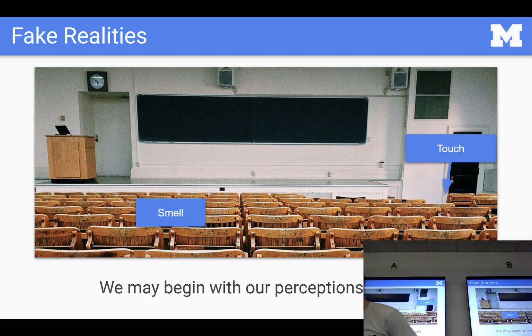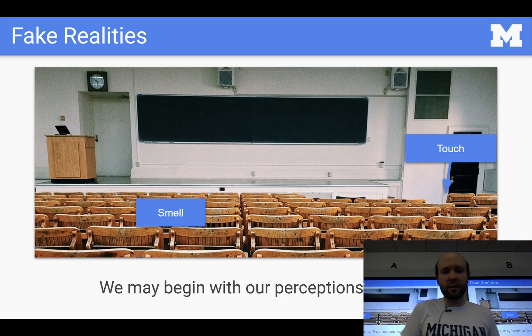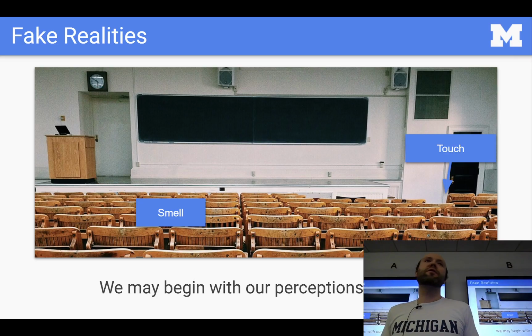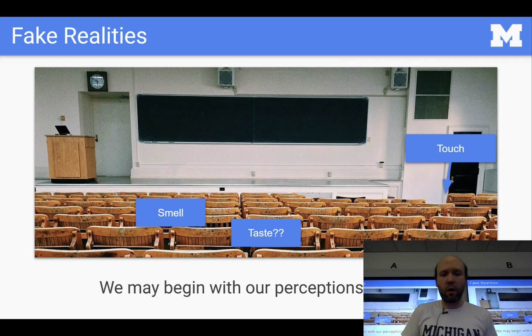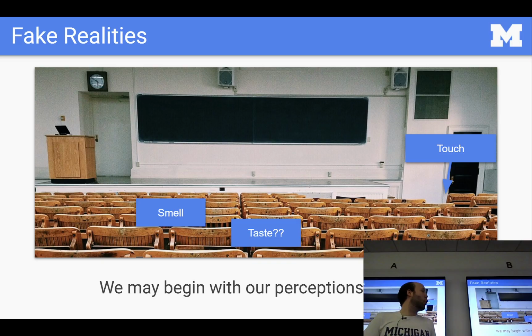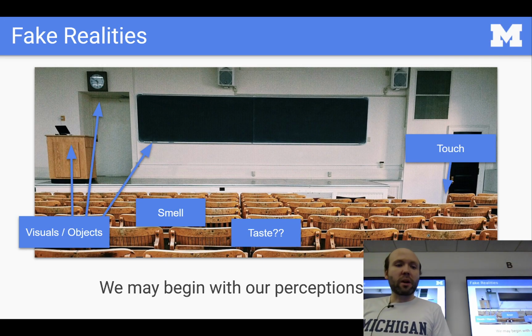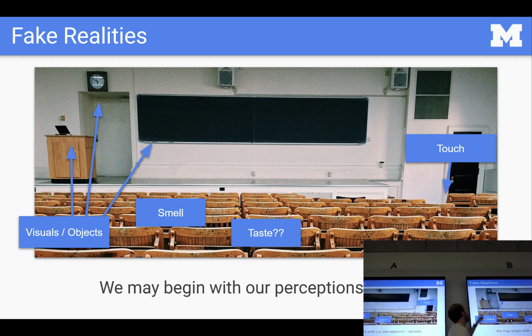You might feel with your feet, even through your shoes, the texture of the carpet, the cheap but durable carpet, okay? All these things that make you feel that you are in a lecture hall. Taste, hopefully, is not something you're using often to identify where you are, but who knows, okay? What about visuals? That's a big one, a huge one. A room is just a room until you see a clock, until you see a chalkboard or a whiteboard.